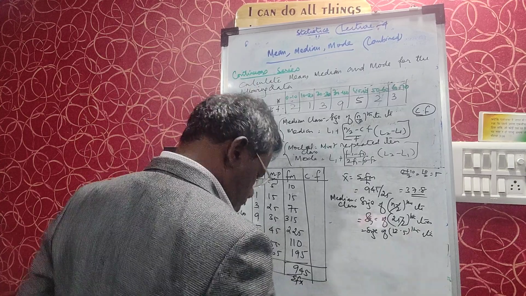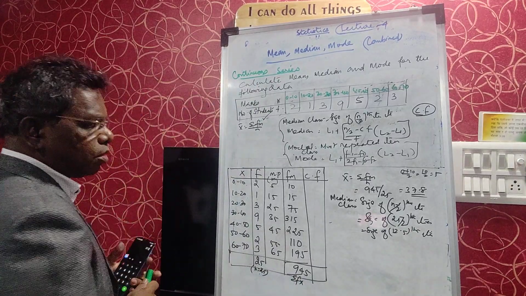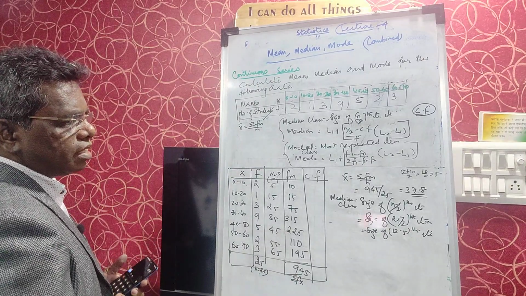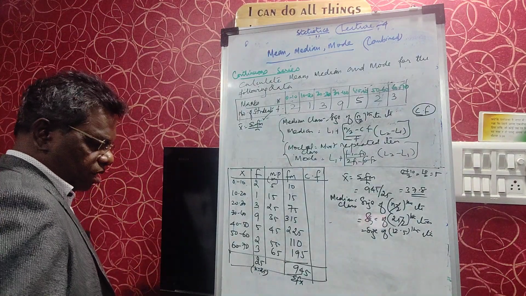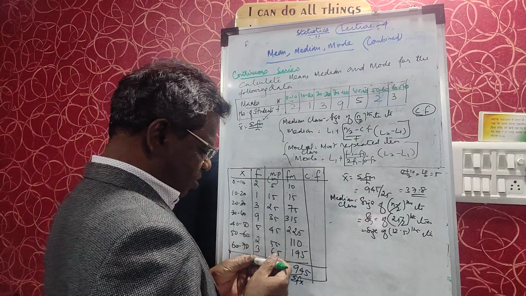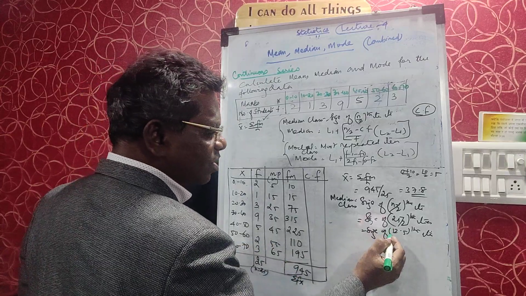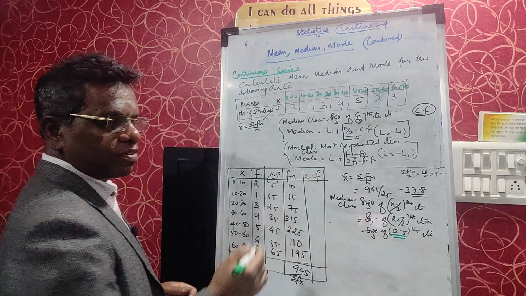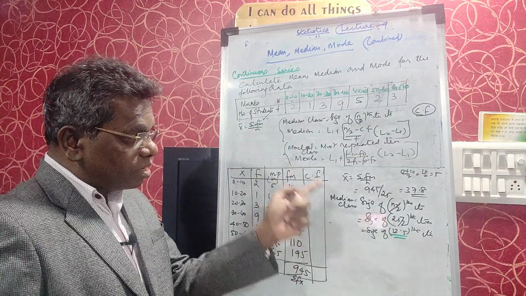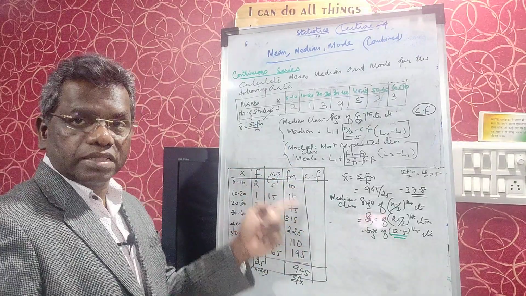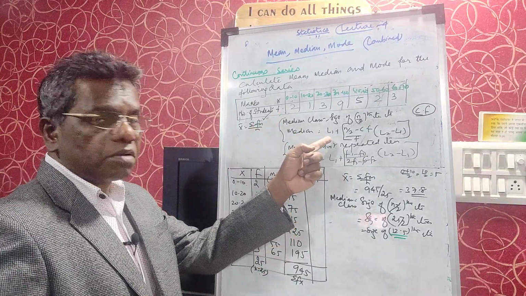Now, what is the 12.5th item? You have to look for it in the cumulative frequency. You have not made the cumulative frequency yet, but the column is lying there ready; you have to make it because of the formula.